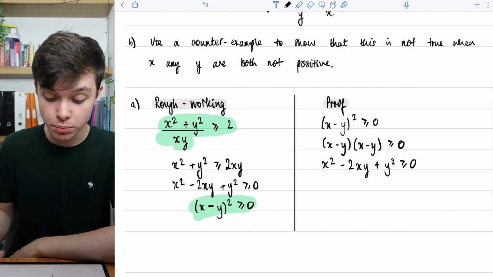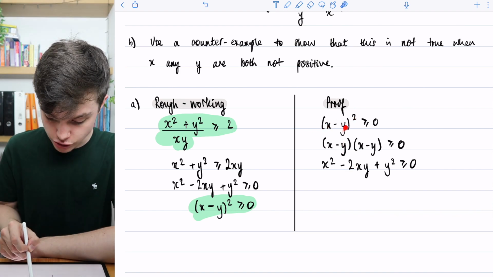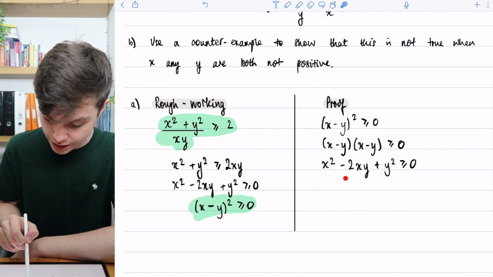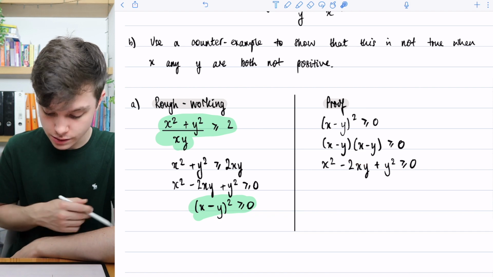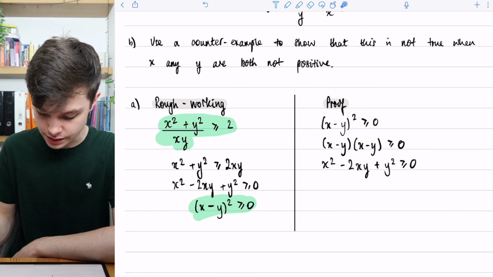Just because I've done a lot of practice, I know that when you expand this, you could do a shortcut. You can do this squared, you can do lots of these two multiplied together with the negative sign, and then the y squared as well. But if you wanted to, you could of course do the FOIL method there on the brackets if you liked.